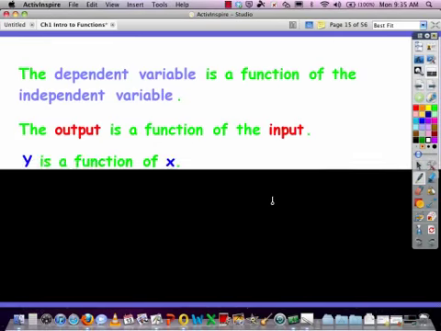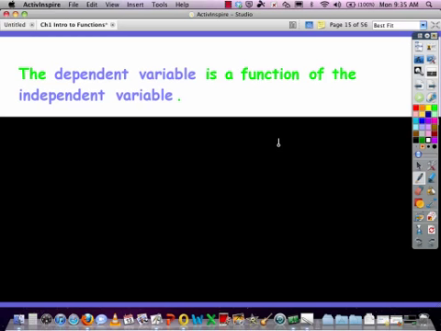Now, as we work through functions, there's a lot of repetition when they talk about how they're written. So in this one, I've done some repetition, but I've put in some different names each time to show you how they're interchangeable. So the dependent variable is a function of the independent variable. We've talked about that. We said, usually, y depends on x.